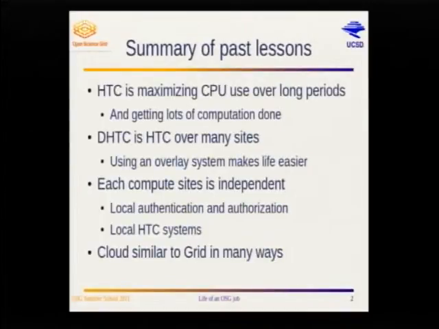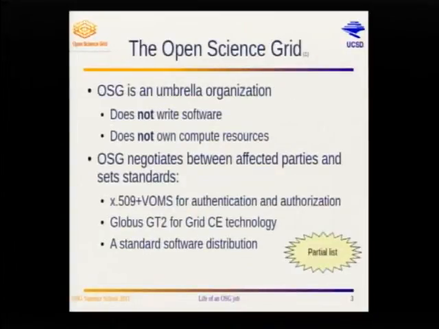So, OK, this is the usual summary of what we did until now. And a few more words about Open Science Grid. So you maybe already know by now that OSG is really an umbrella organization. OSG does not write any software and doesn't own any hardware, at least to the first degree. Everything that you use in OSG comes from somebody else.